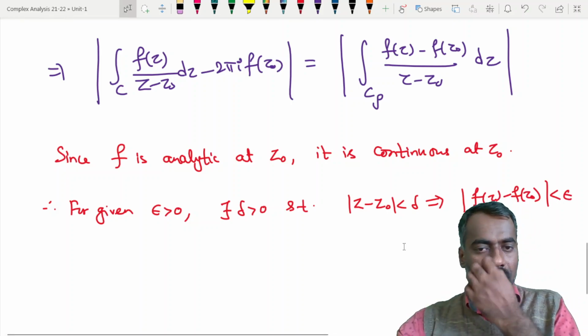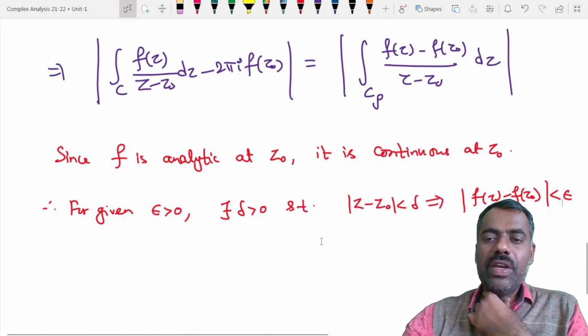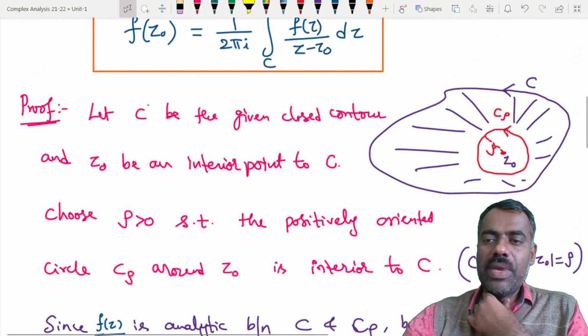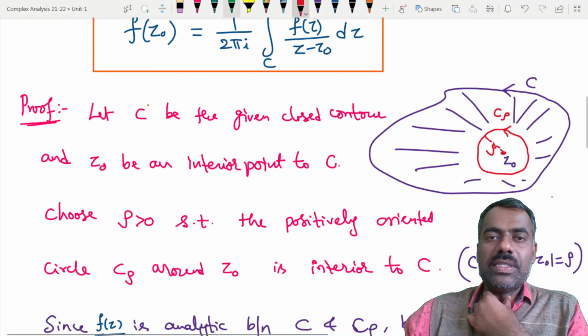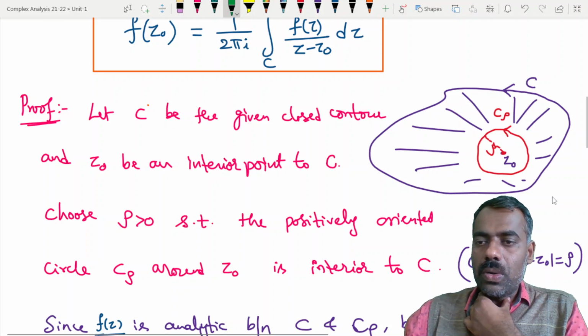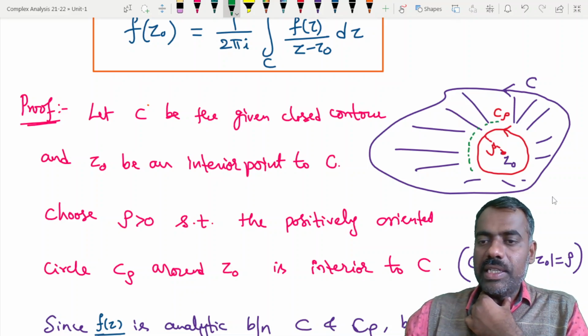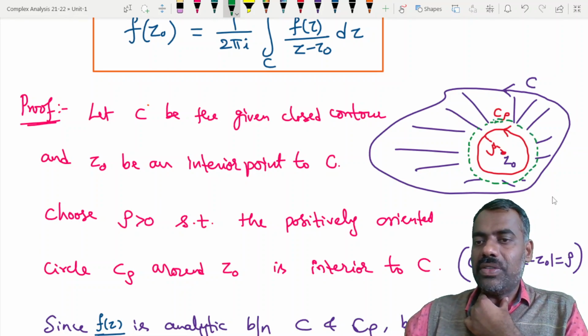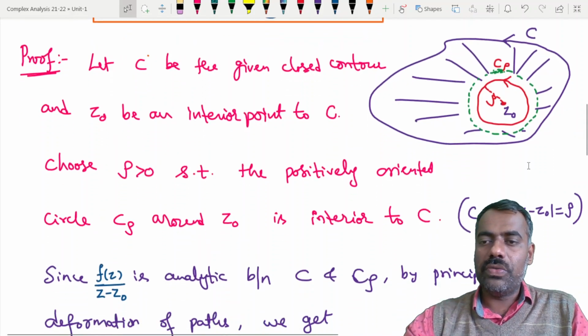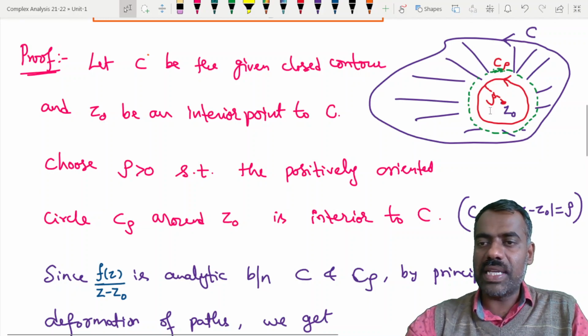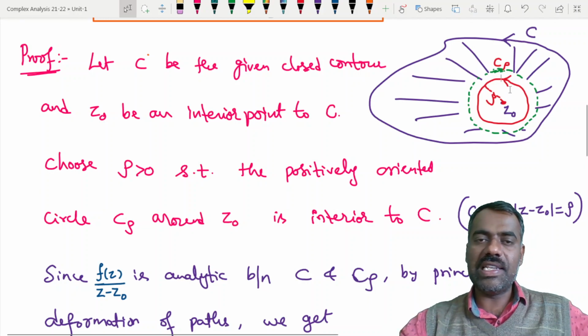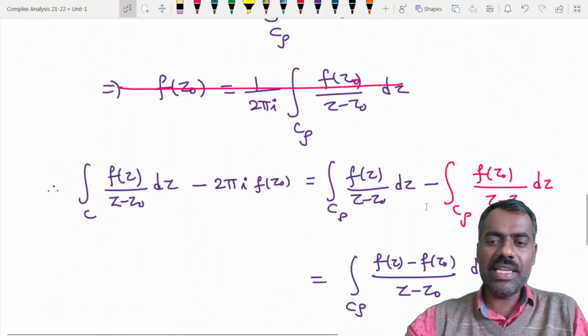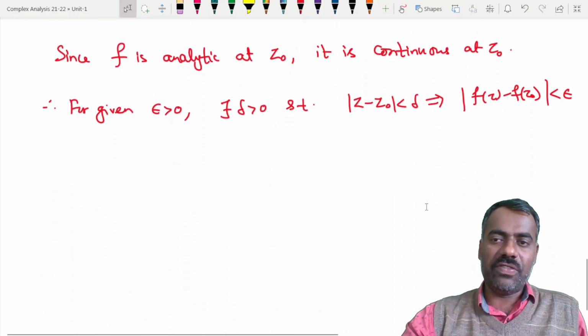Now we have this delta and we also have this rho, so we have to make sure that our rho is smaller than this neighborhood, z minus z naught less than delta. The way we have selected rho, we will make sure it is less than that delta, and it is always possible. For example, you can take rho as half of that.